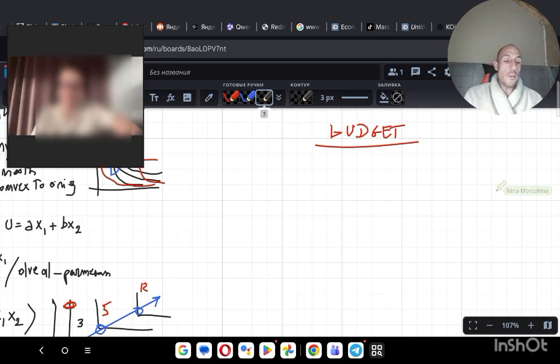Whenever we have a budget, we must choose how to spend it between our goods in our bundles.